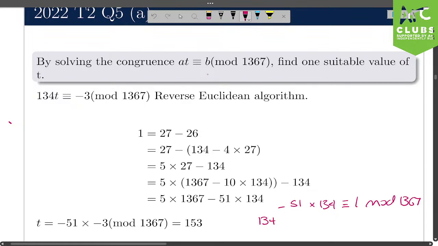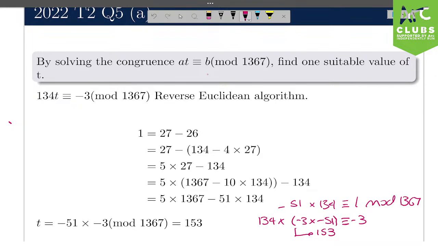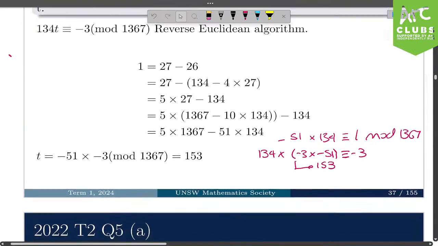So we get 134 times minus 3 times minus 51 is congruent to minus 3, and our value of x will be 153. We note that this is our only solution mod 1367 because from before, our GCD was 1, and thus there will be one solution.